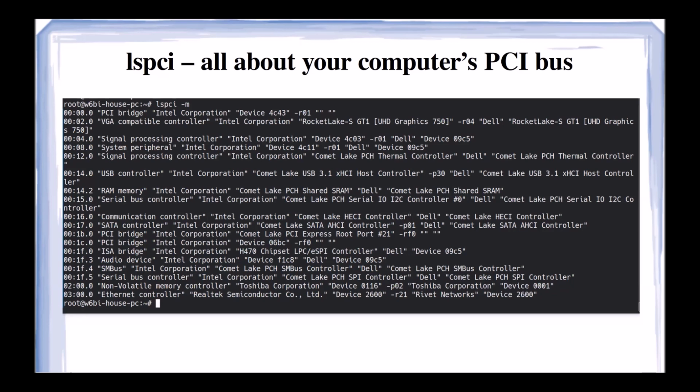And you can see here, a lot of these are from Intel, because Dell uses a lot of Intel components. That wouldn't necessarily be the case if you had an Asus laptop. And by the way, I don't know of any laptops that have PCI connections on them. They're all built into the motherboard.